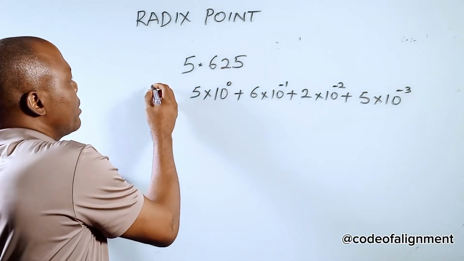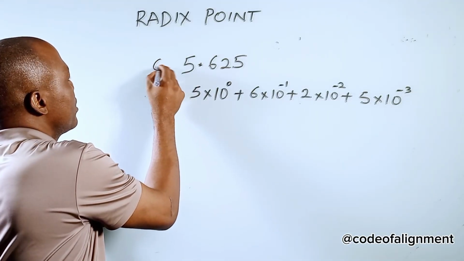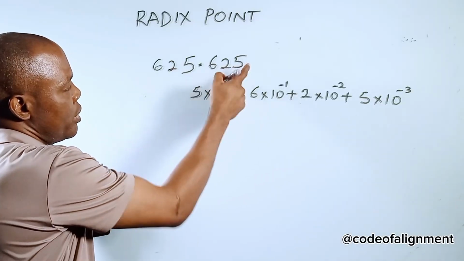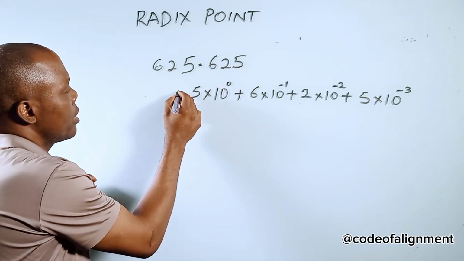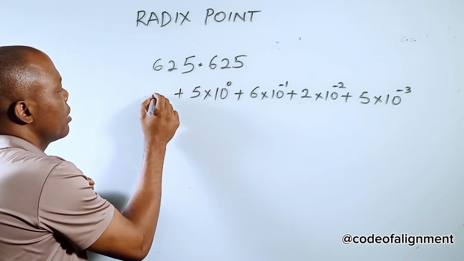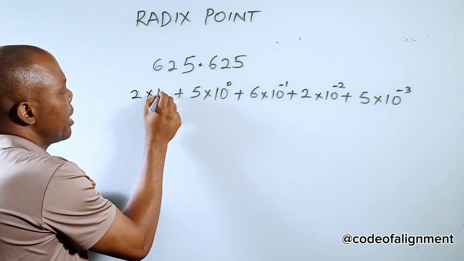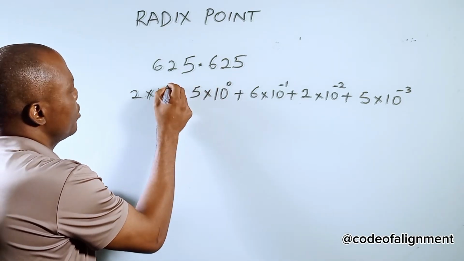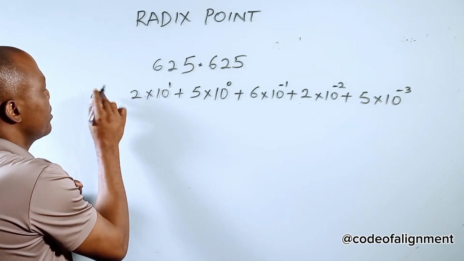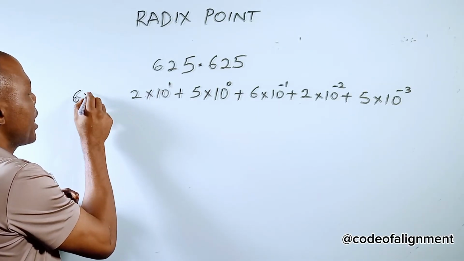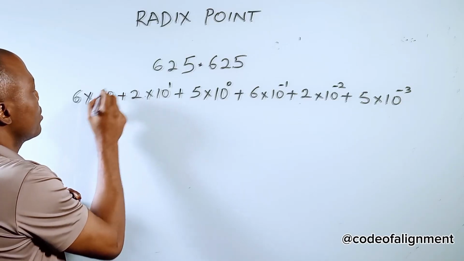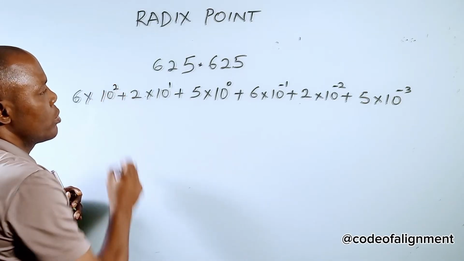So if we have something like 625.625, that will be 2 times 10 raised to power 0, this is 1, and then we have 6 times 10 raised to power 2.